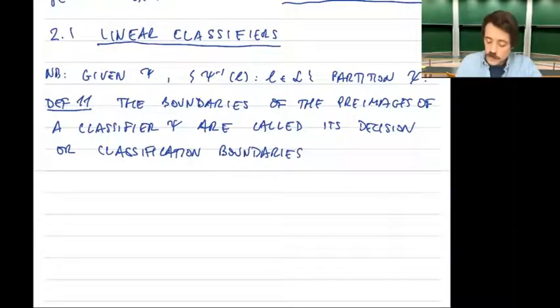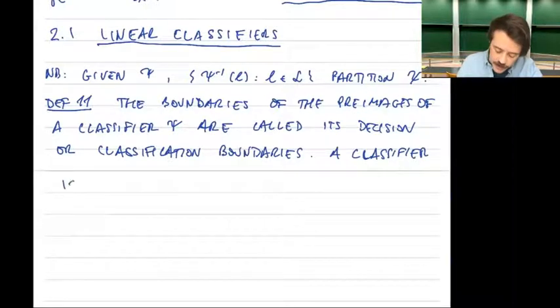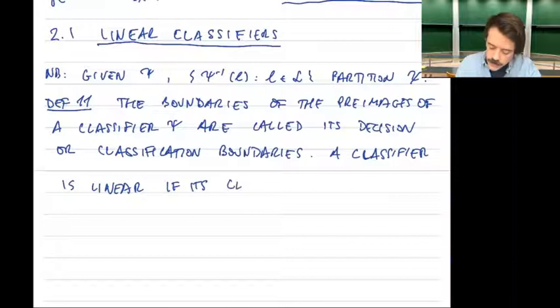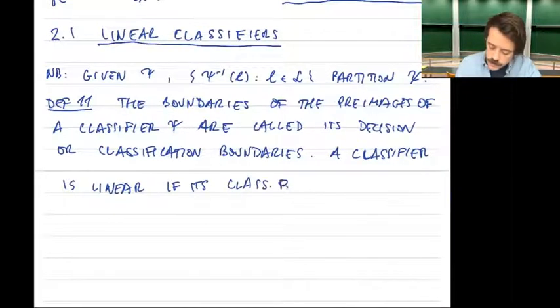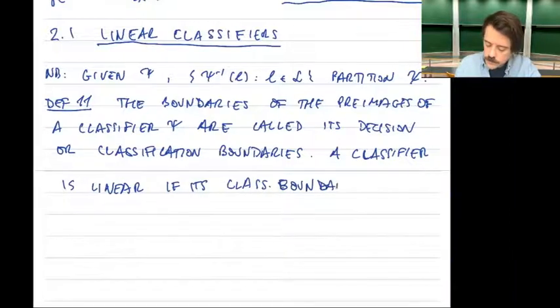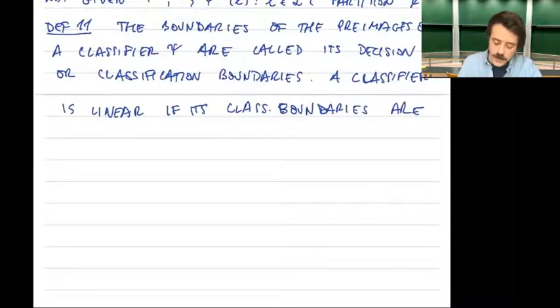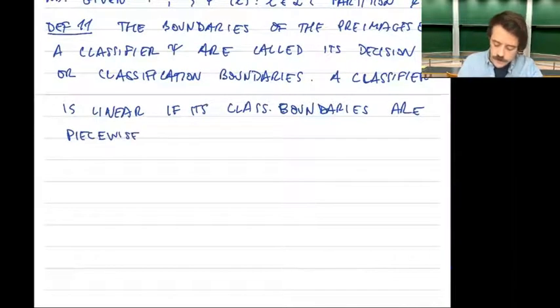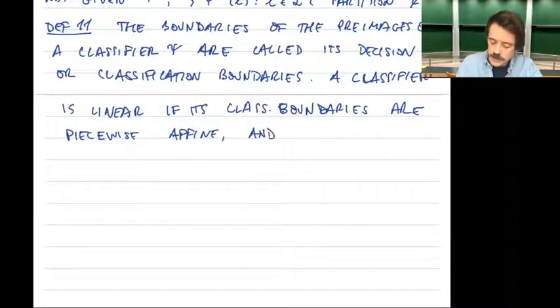Okay, so this is the second part of the definition. A classifier is linear if its classification boundaries are piecewise affine, and nonlinear otherwise.